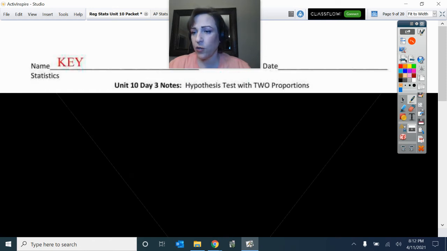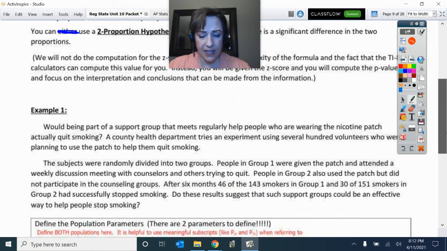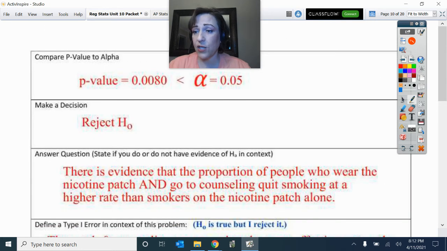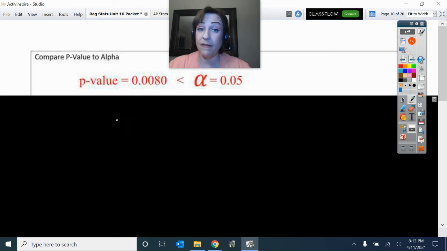So I'm going to go over here real quick and see where we told a different significance level. That's the language it'll use. Significance level is a different alpha. Okay, I don't see a different significance level. All right, so then we will use the default of 0.05, and our p-value is definitely smaller than that.